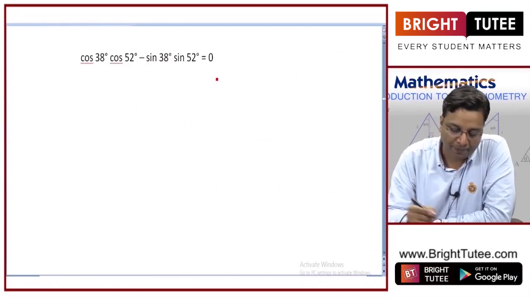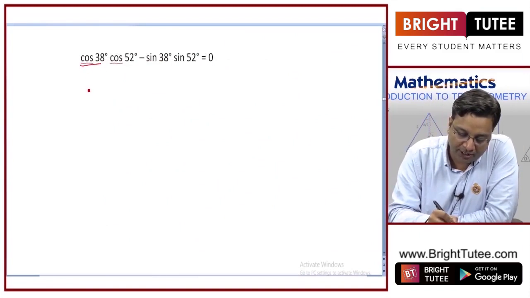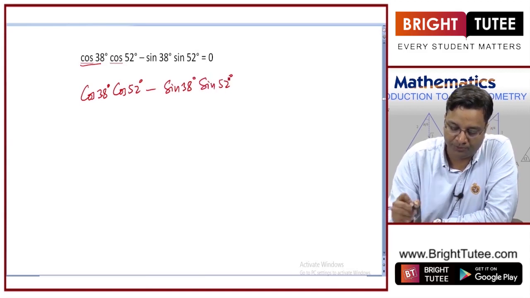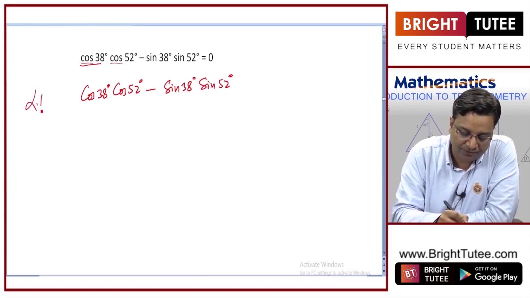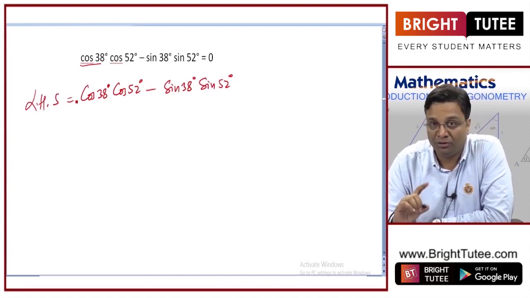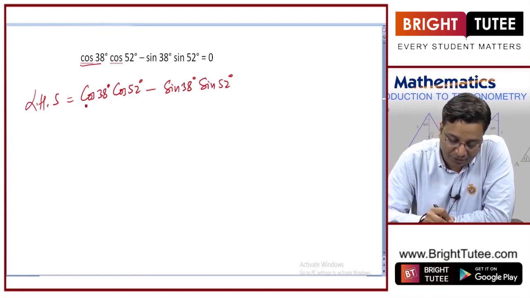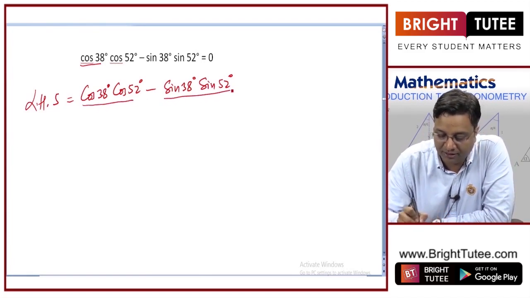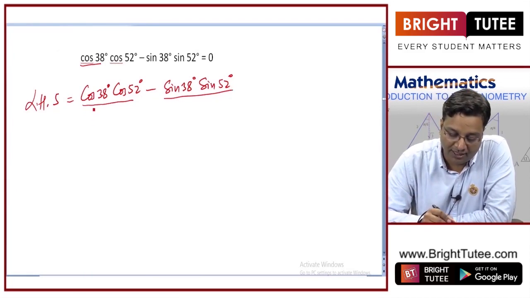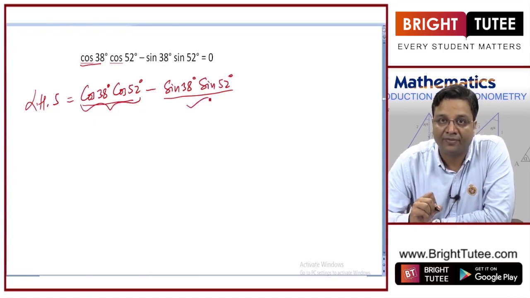Let's look at the next question now, which says cos 38 degrees, cos 52 degrees minus sin 38 sin 52, and we need to show that this is equal to 0. Okay, so if you have to show that this is equal to 0, obviously you have to equate this with this, right? These two have to be equal. So let's work on this expression and convert it into this one, right?